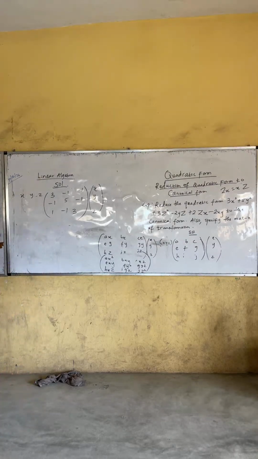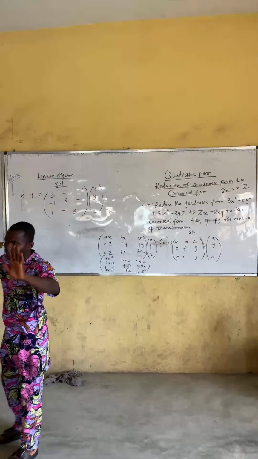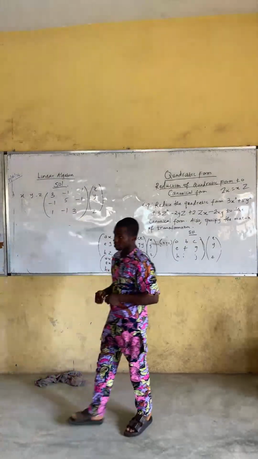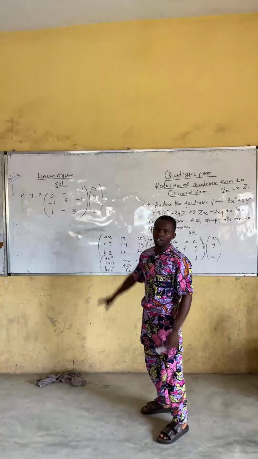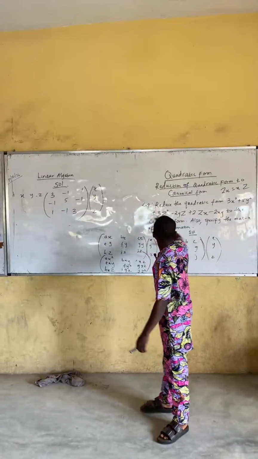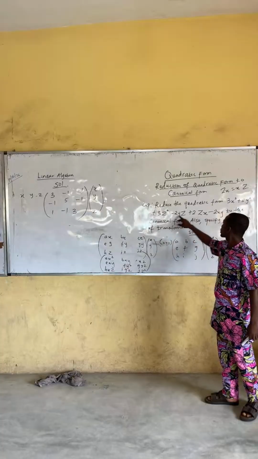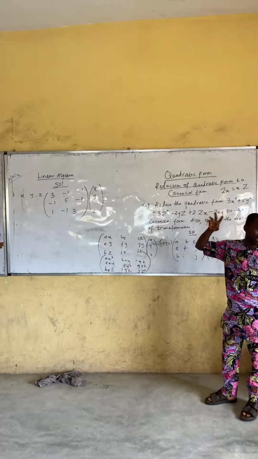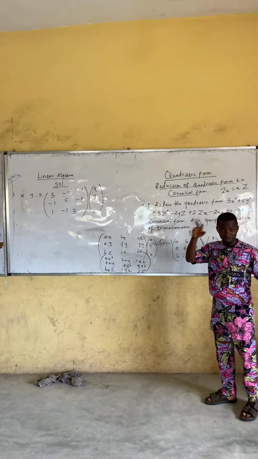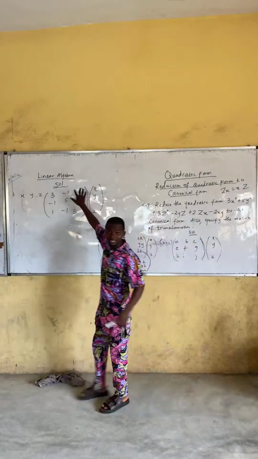You have the same answer, but in terms of structure, it is wrong. Based on the answer it is correct, but based on the structure of the math, it is wrong, because it must be in two places naturally, not one place. Do you understand what I did here? You have to divide the coefficient of this one by 2 for XY, for YZ, and for ZX or XZ. You now put it. Do we understand it?